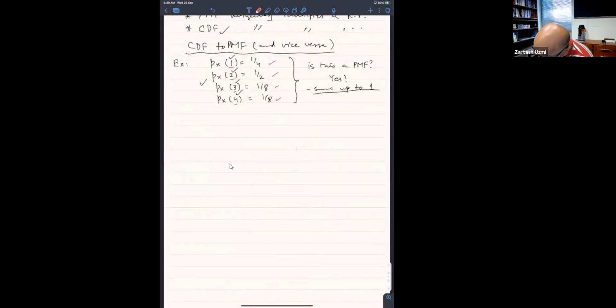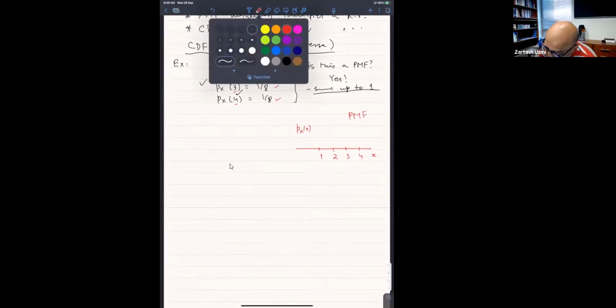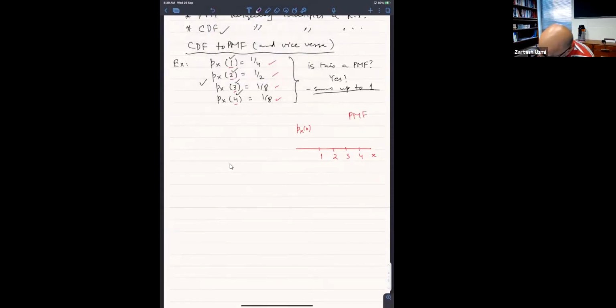I can plot this. P_X(x) is equal to, takes the value 1, takes the value 2, takes the value 3, and takes the value 4. This is small x here, and this is the probability mass function of the random variable.